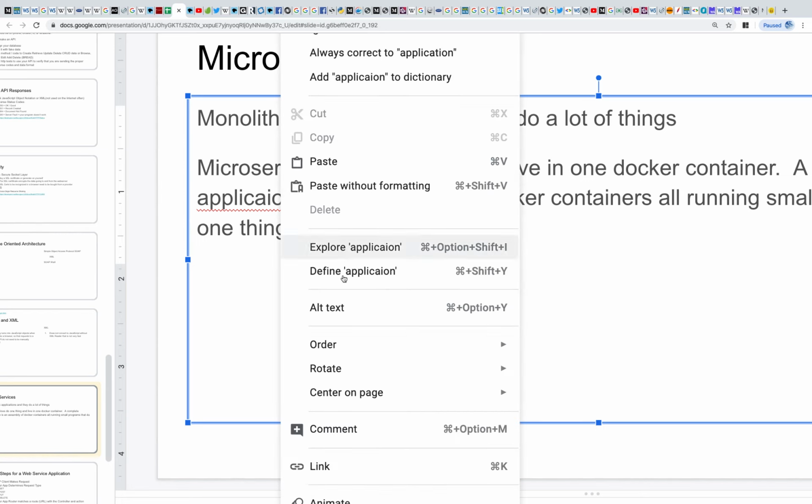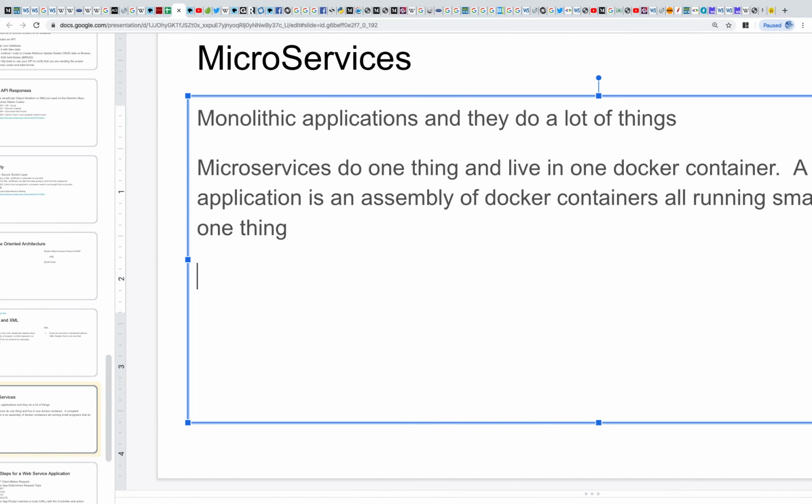Okay, so your project will look something like this.